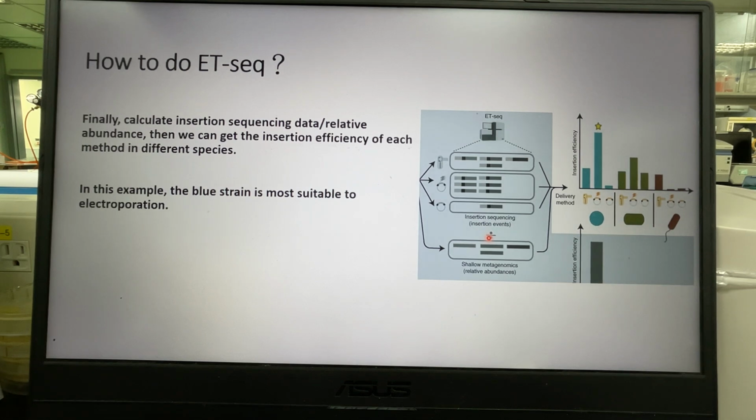And finally, we calculate insertion sequence data relative to abundance. Then we can get the insertion efficiency of each method in different species. In this example, the blue strain is most suitable for electroporation, as we can see here.